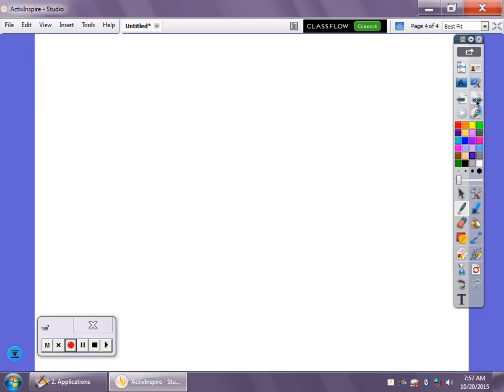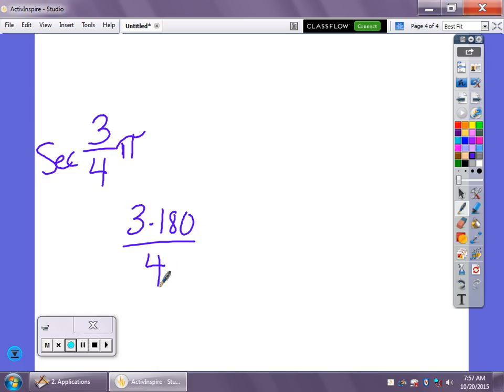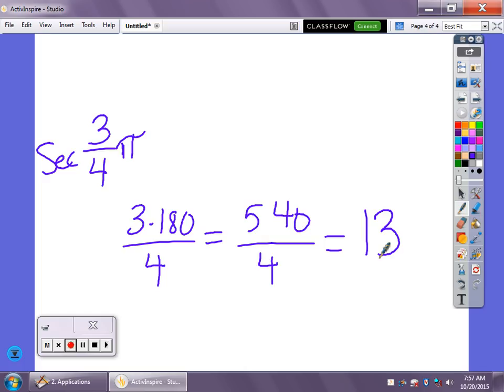Let's go with 3/4 pi. Okay, 3/4 pi, and let's say I wanted secant. So 3 times 180 divided by 4 is 540 divided by 4. 4 goes into 5 one time, goes into 14 three times, goes into 20 five times, 135.